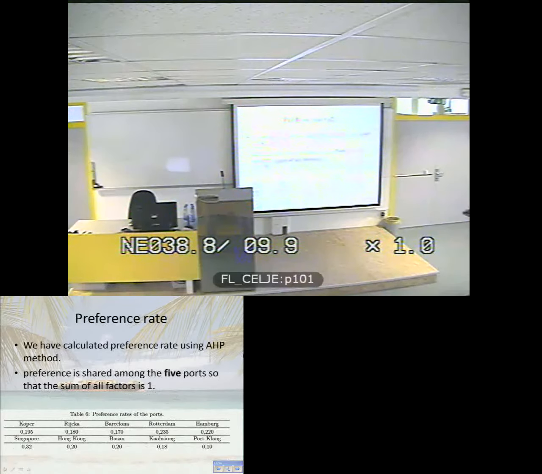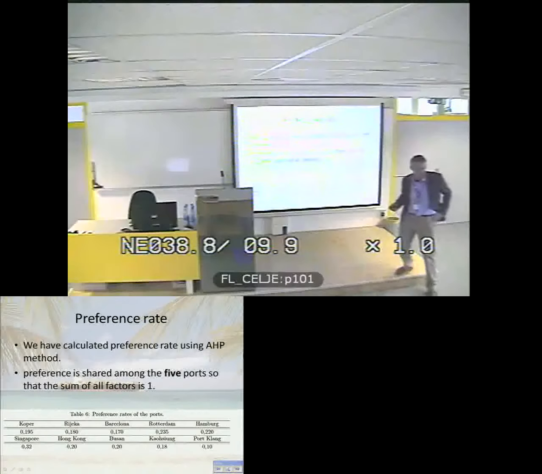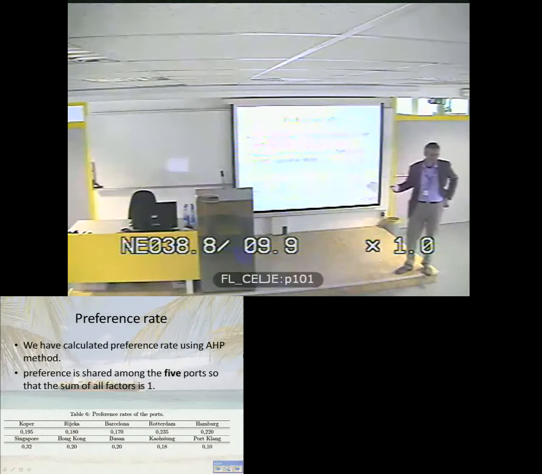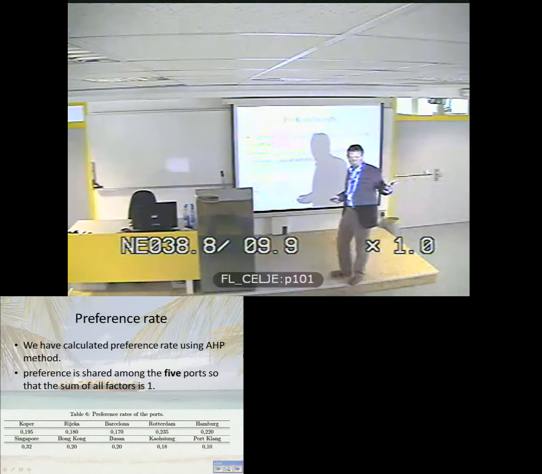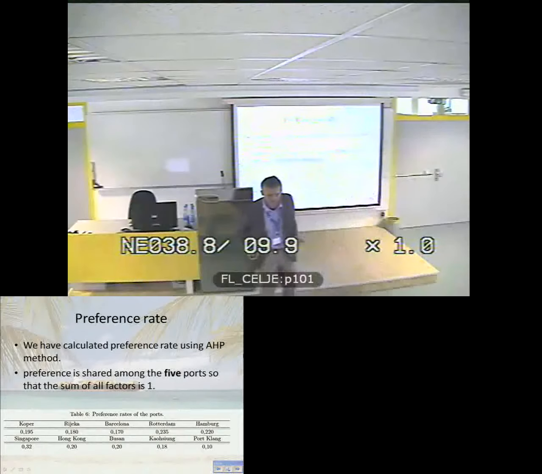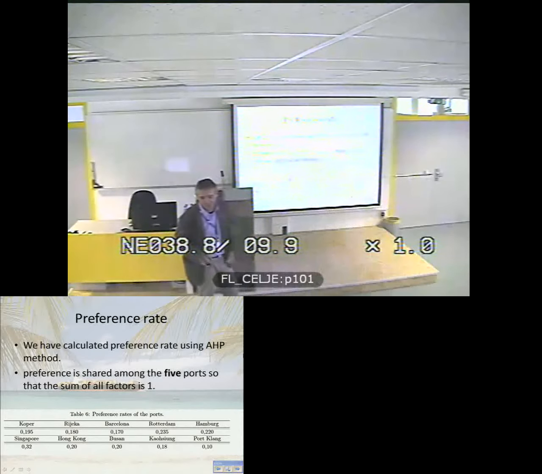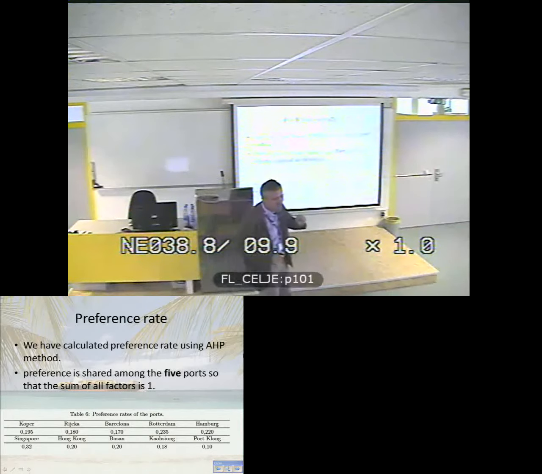Okay, now we are at preference rate. That's the second biggest problem in this research. Why? Because we have to get the data from the real world. Until now, we sent out 2,500 questionnaires. So far, I got back very few. I will need to put a lot more work in to get some more back.